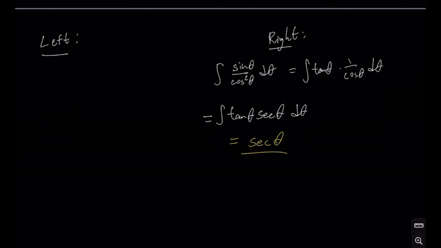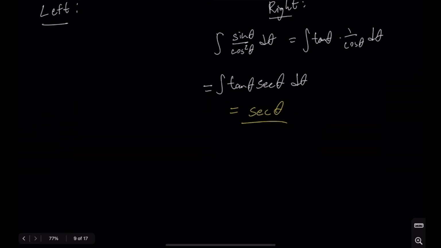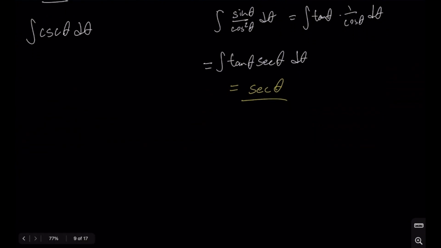With the left side, the integral of cosecant is a little bit more challenging. Some people memorize this. I wouldn't recommend memorizing it. It's a very basic u substitution, so I'll walk you through it. So we have cosecant theta d theta. Whenever you have something dealing with trigonometry, you usually want to find a clever way to multiply by 1, or find a clever way to add 0 or subtract 0.